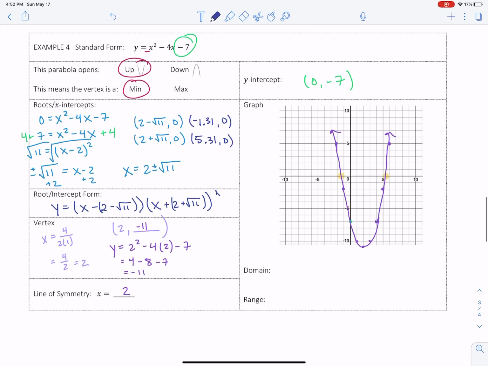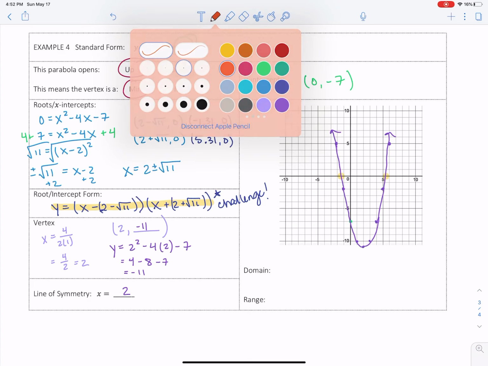Now, that's pretty challenging. You don't have to really worry about this so much. I'm just going to call this a challenge. But don't worry about it too much in terms of these root-intercept forms.